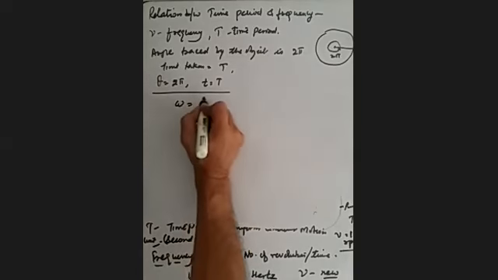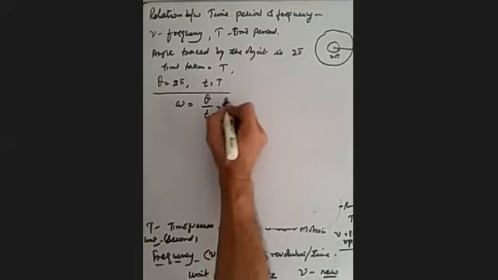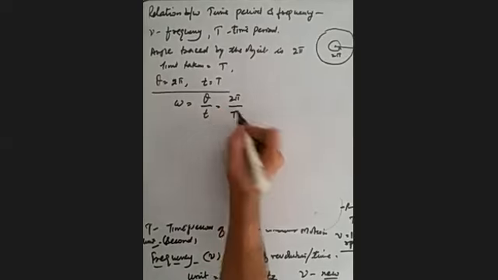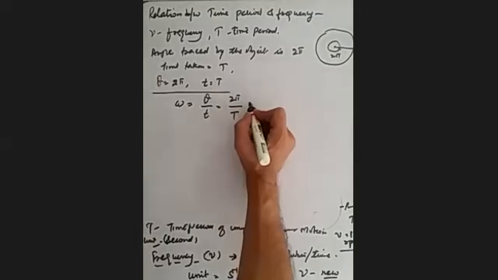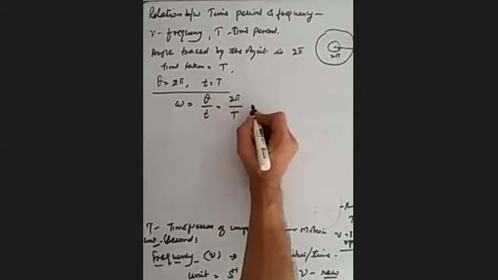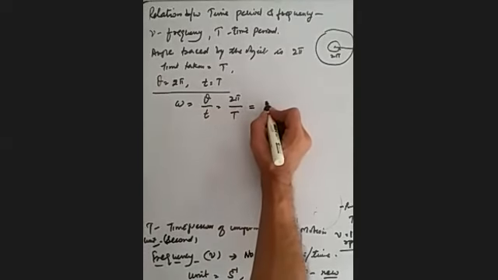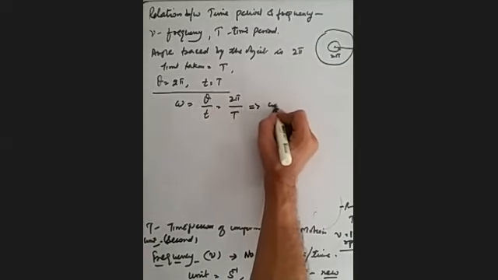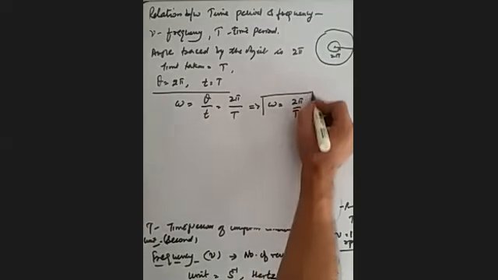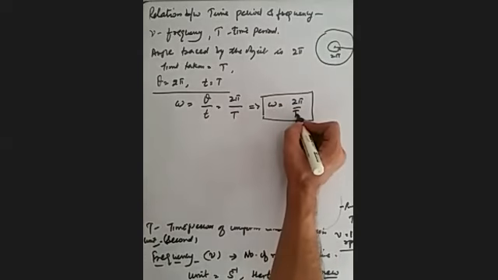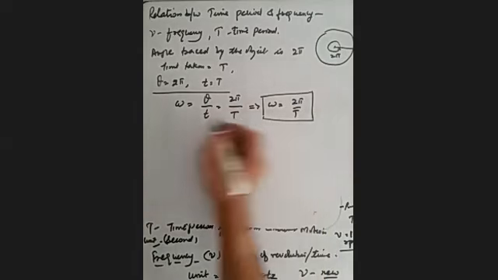Now from the definition, the angular velocity omega is equal to theta divided by T. Now if theta is 2 pi, and time is capital T, which is equal to the time period, then omega is equal to 2 pi divided by T. Now 1 by T is also equal to nu.